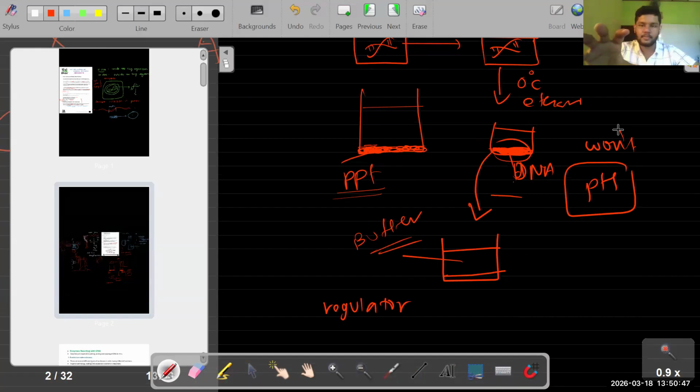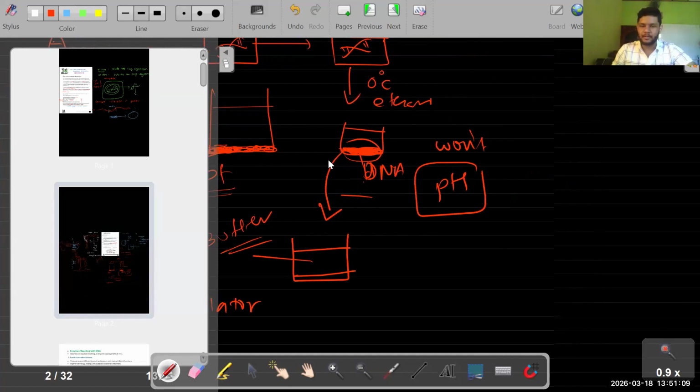Will there be a pH change or not? Well, there might be a change, right? So there will be a change or there might be a change. Yeah, both of them are correct, right?